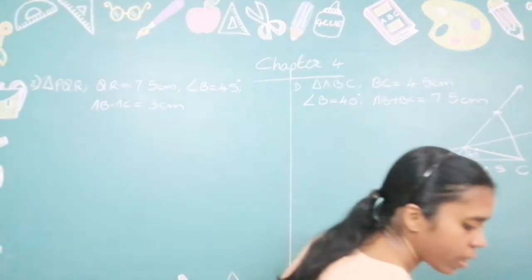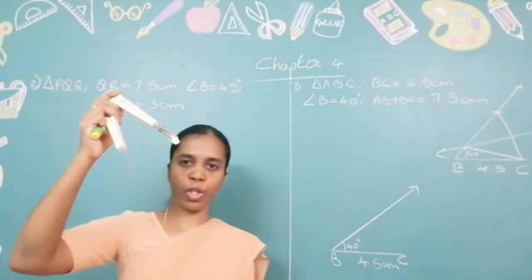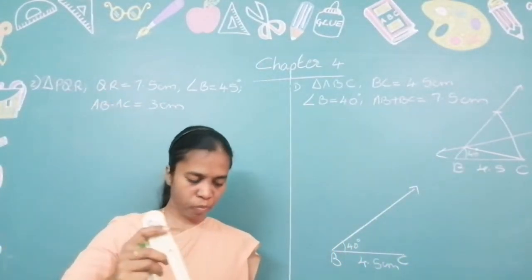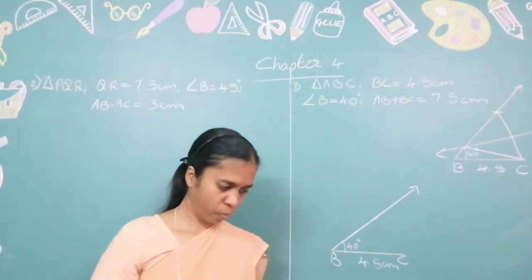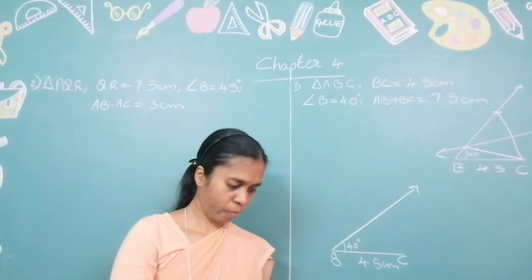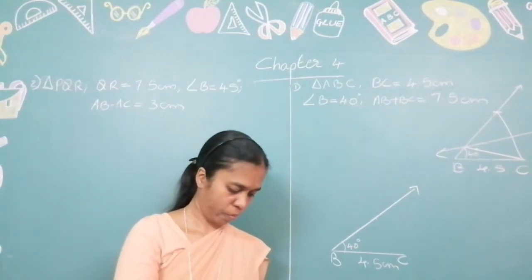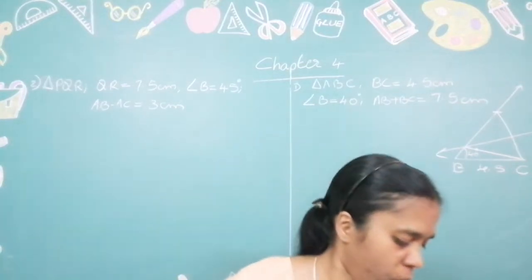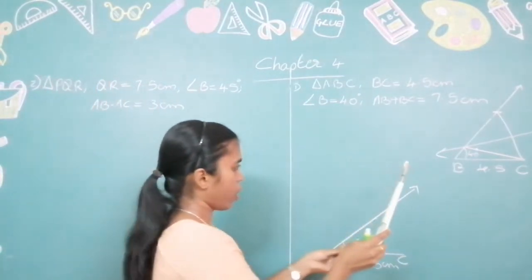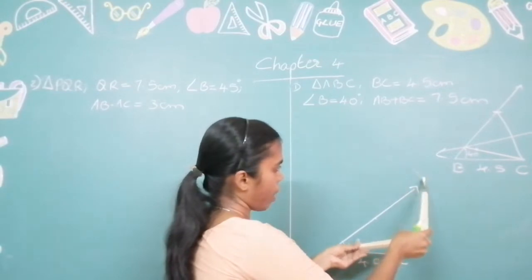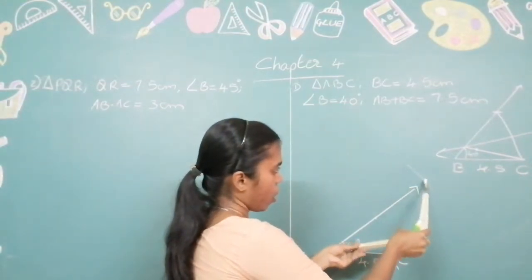So you take that 7.5 on your compass from the ruler. You measure and take 7.5. I have taken the measure 7.5. Keep it on this and mark on that ray that you have drawn.